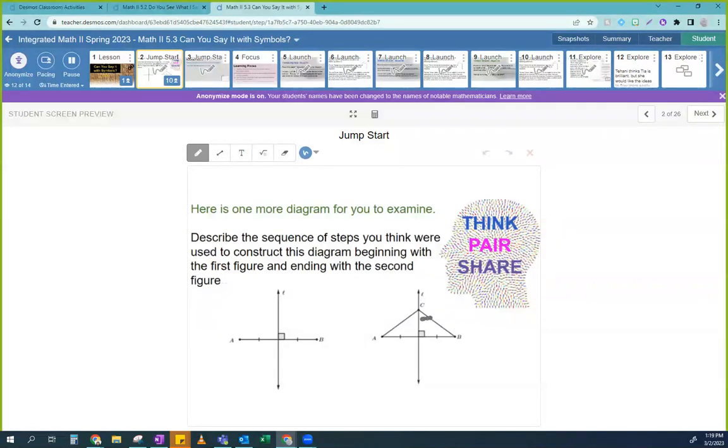How many triangles do you see here? Oh, the little square means that it's perpendicular. This little guy means it's 90 degrees. Yeah, there's three triangles. Very good. So for those of you who only see two, you probably see left and right.